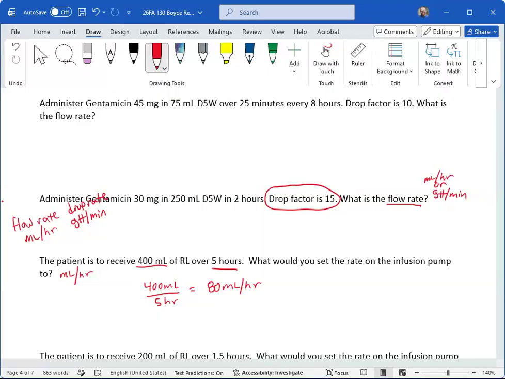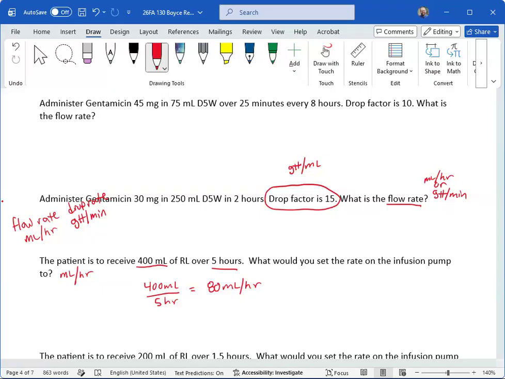Okay. But if it gives you a drop factor, then the drop factor typically indicates, okay, we're going to do a drops per minute calculation. What is drop factor? When we see that word, drop factor just means drops per milliliter. And that is specific to the tubing that's being utilized for administering the drops.